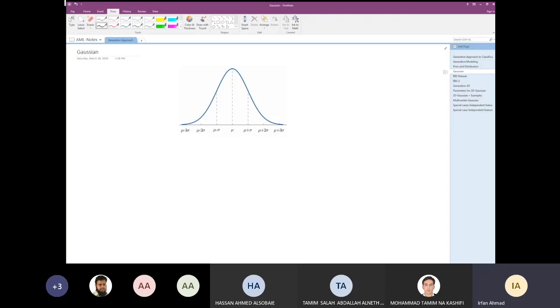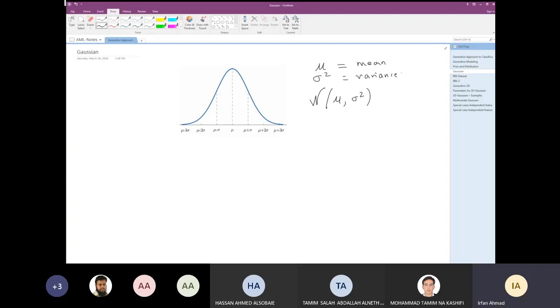A Gaussian distribution basically has two parameters. You have the mean, which is mu, and you have the standard deviation or the variance, right? Normally we say the distribution is normal with mu and variance, where mu is the mean and sigma square is nothing but the variance.